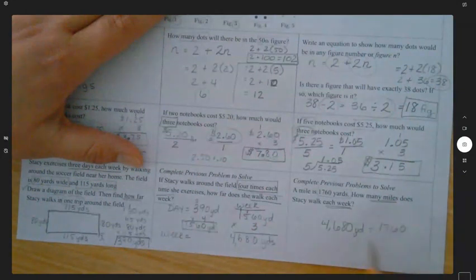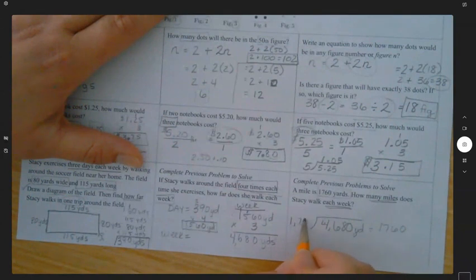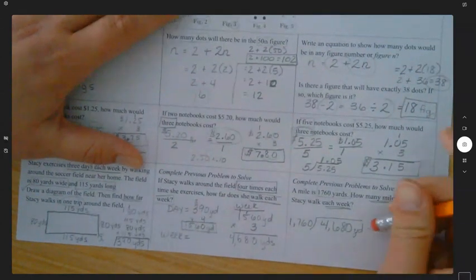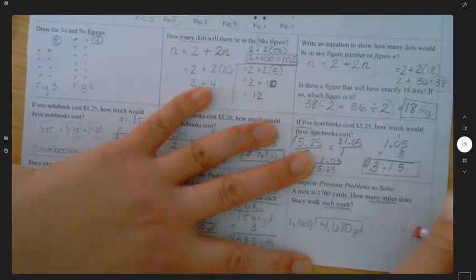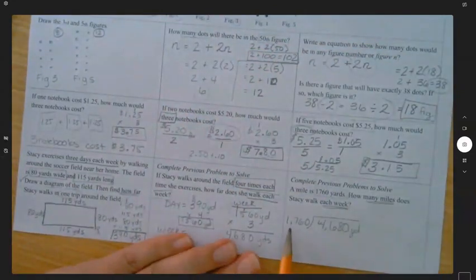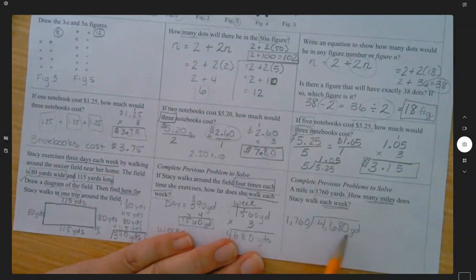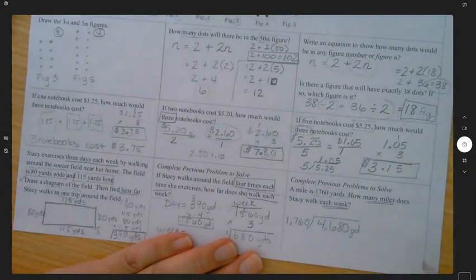And I'm actually going to set it up like this because it's a little bit easier. And this is our dreaded long division. Not dreaded, just takes a long time. So I would ask myself, how many times can 1,760 go into 4,680? And here's where we start to just kind of guess and check.